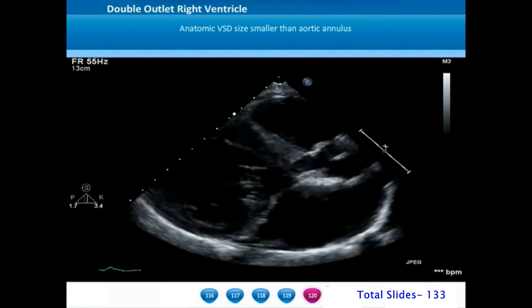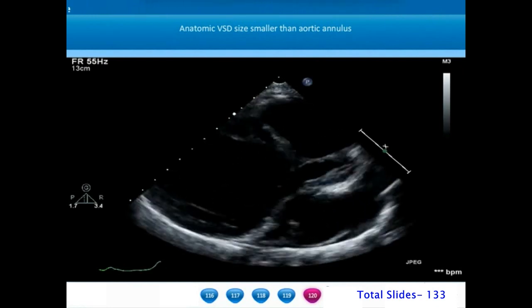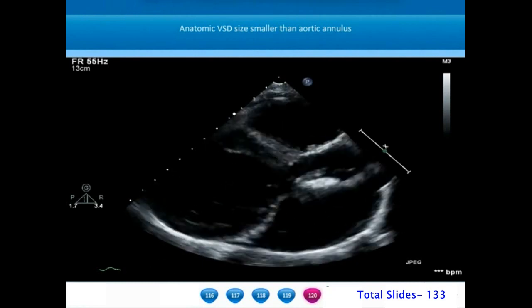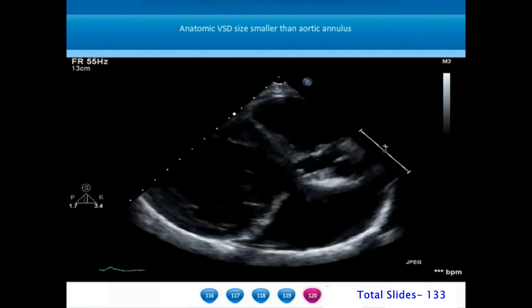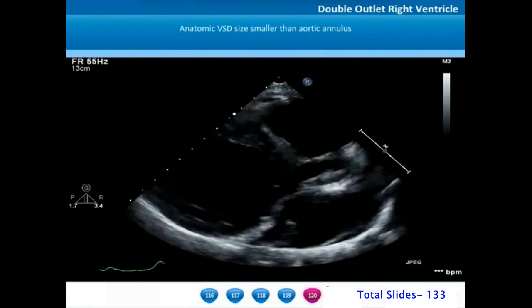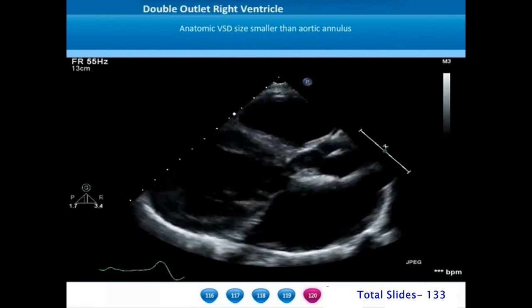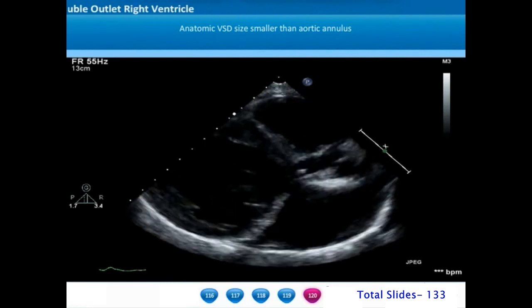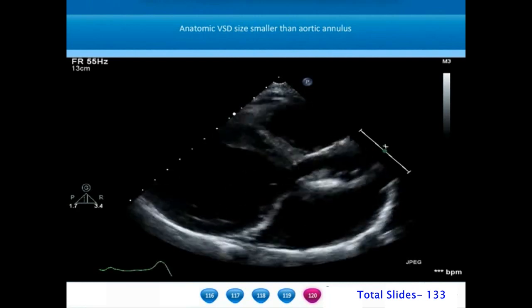On this parasternal long axis view, we can appreciate that the ventricular septal defect is much smaller than the dilated aortic annulus. The subaortic conus is also mildly hypertrophied, and the restrictive ventricular septal defect with the hypertrophied subaortic conus cause a significant subvalvar aortic stenosis.